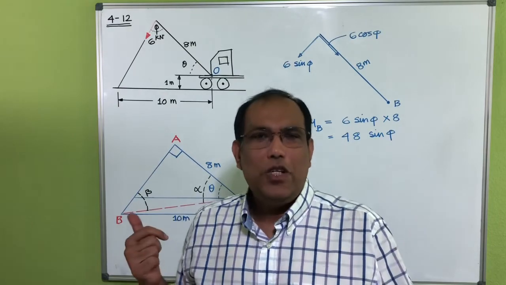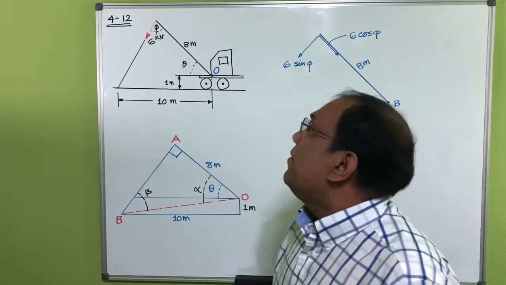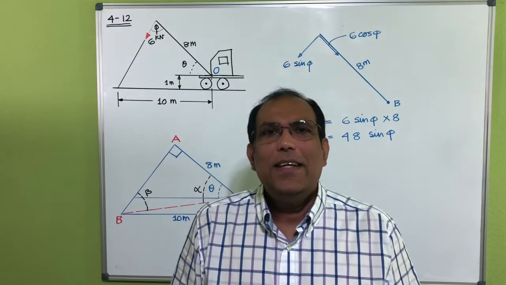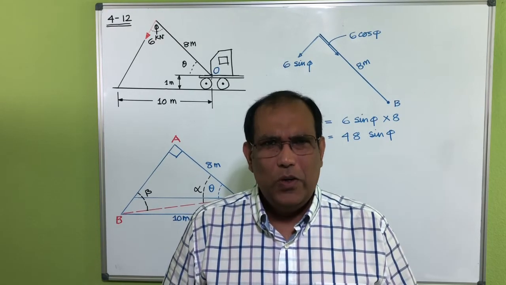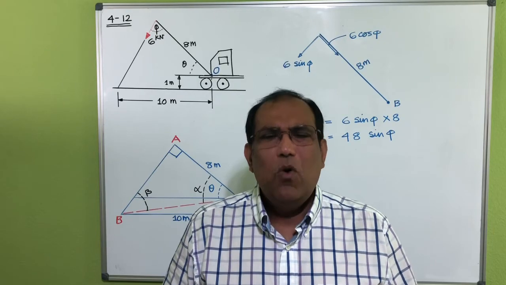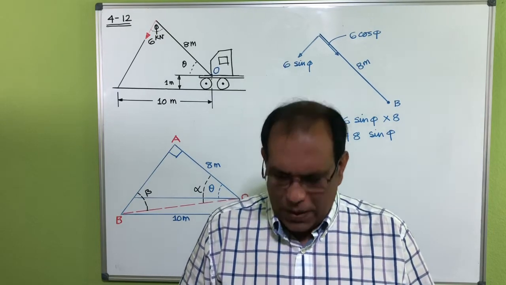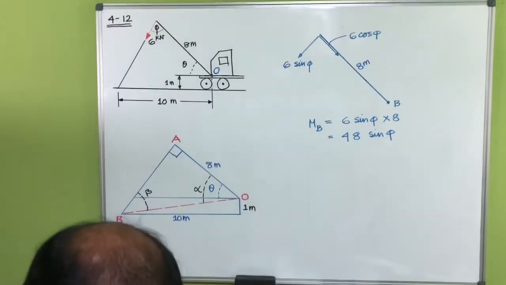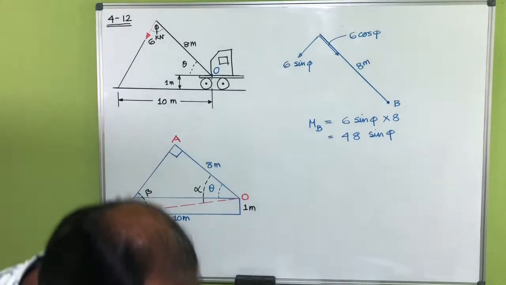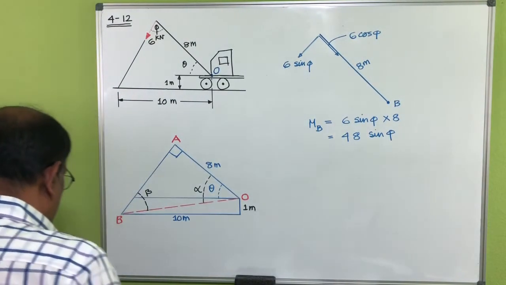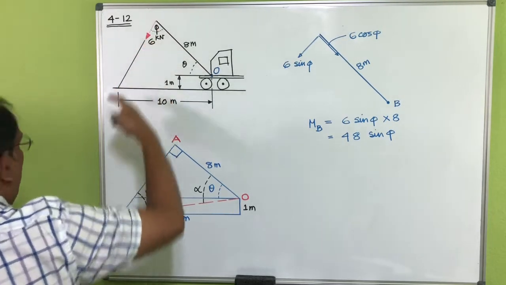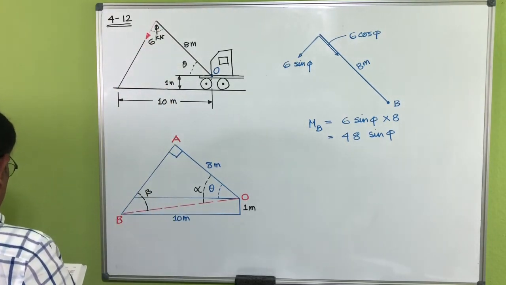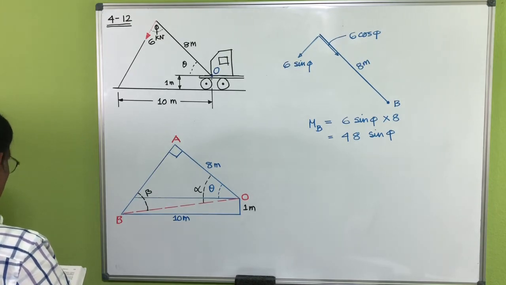Now I am going to show you problem number 4-12. Okay? This problem is not that difficult, but you need to do a little bit more geometry. What this problem is saying is that the tow line exerts a force of P equal to 6 kilonewton at the end of an 8 meter long crane boom.